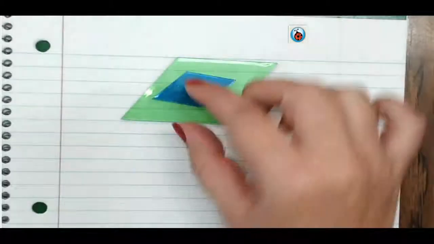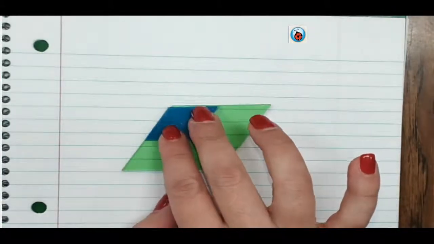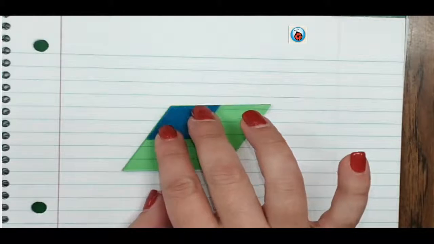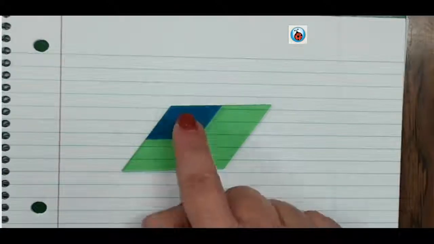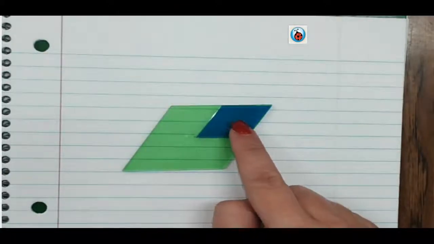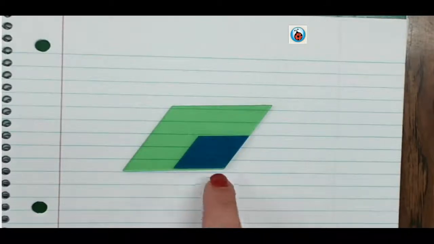So if I place one over the other, can you see how they have congruent angles? Yes. Congruent corresponding angles. Corresponding meaning that they're in the same relative position. If I move it, see how the angles are equal. Same thing here.